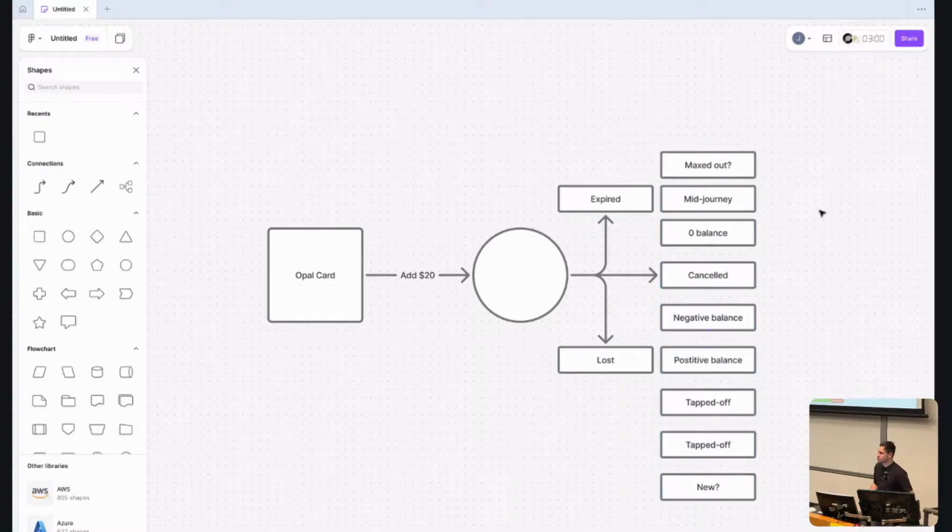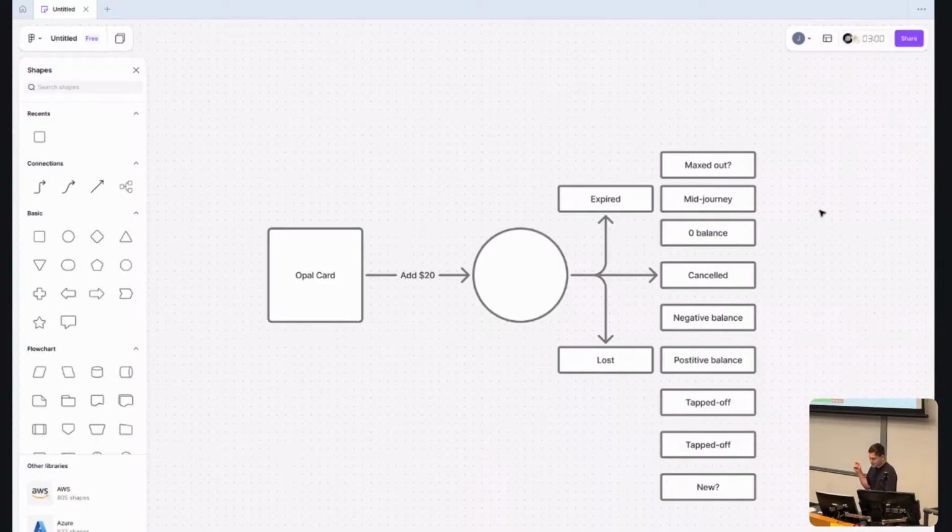Anyway, so you can imagine Opal's actually pretty complex, but it's not the most complex system in the world. And we're just at step one. I guess the next thing we should probably do is cluster these. Many of these states in a state diagram will actually have no consequential implications to the system.